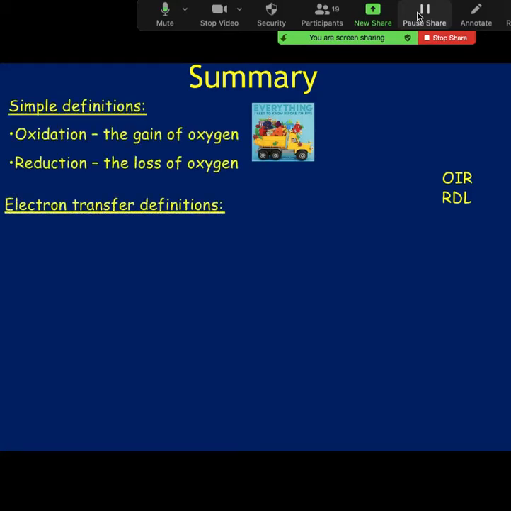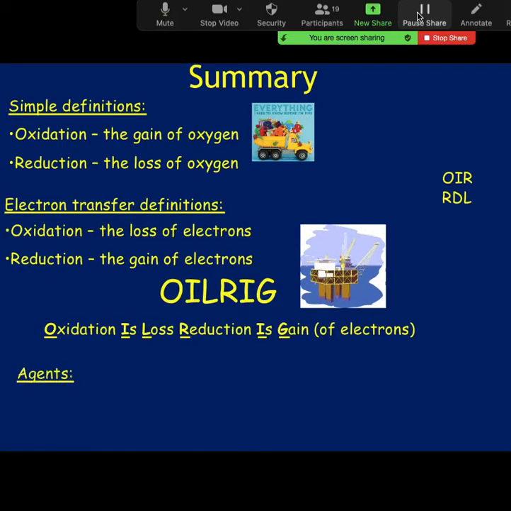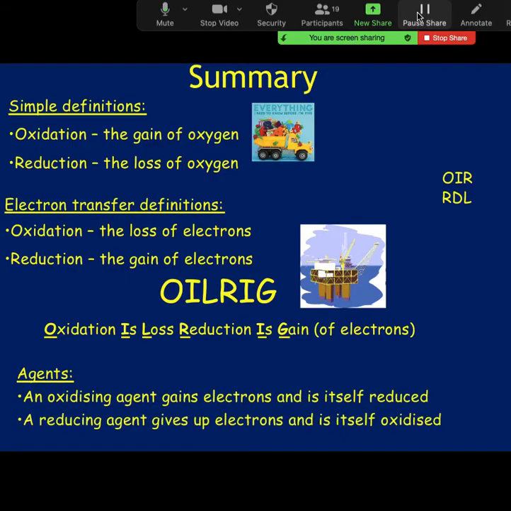So you've got your two definitions for oxidation and reduction. We have OIL RIG and we have the OIR and RDL. So this is everything that you need to make sure that you understand today. So it's either the gain of oxygen or the loss of oxygen in simple terms, but this is what the SEC is going to be asking you.